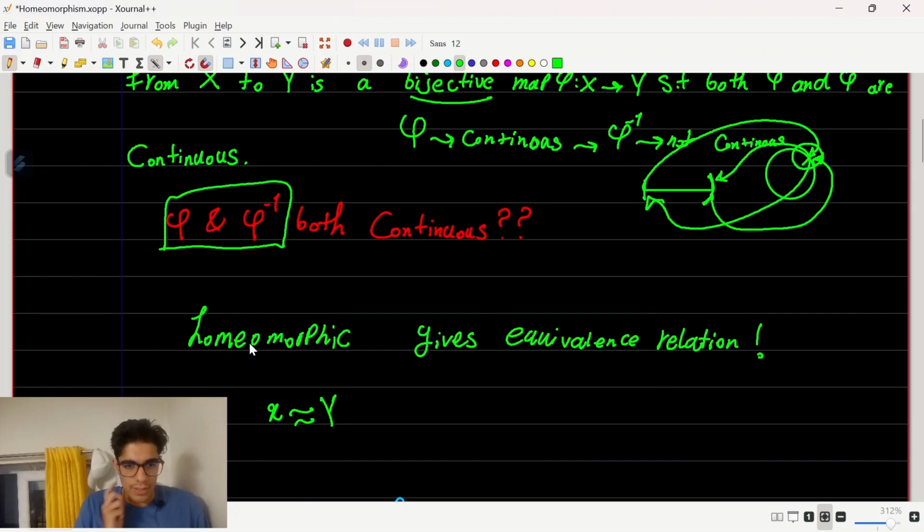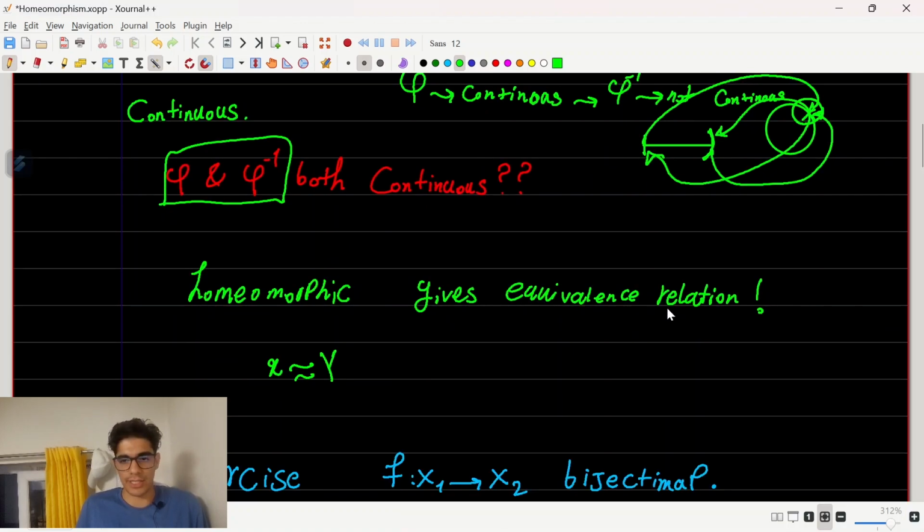Another thing about homeomorphic spaces, by the way, we call two spaces homeomorphic if we have a homeomorphism between them. The homeomorphic relation is actually an equivalence relation. If you don't know what an equivalence relation is, let's denote the relation with this symbol.